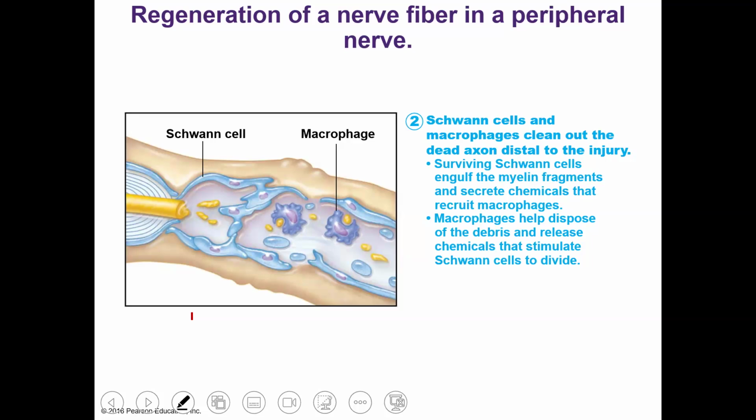Now these macrophages are going to dispose of the debris and they're going to stimulate the Schwann cells to divide. Okay, so they release chemicals here that stimulate the Schwann cells to divide. So this is a pro-inflammatory state right here.